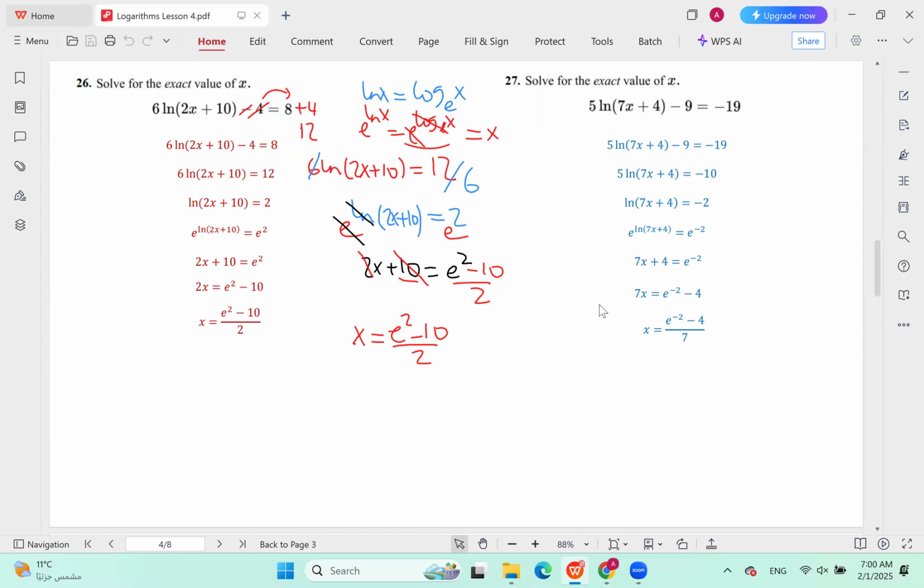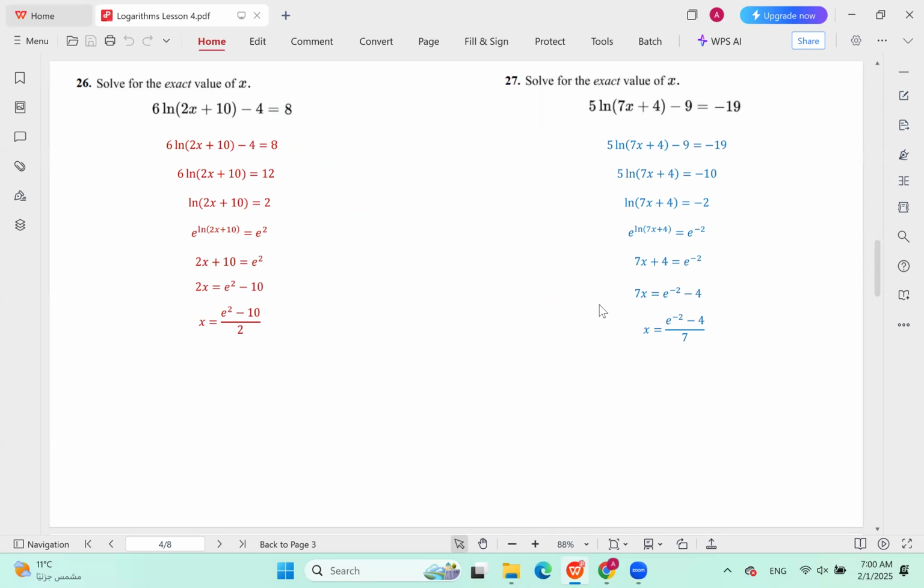Let's try another example, number 27. We have 5 ln(7x + 4) - 9 = -19. Let me just rewrite that so that I have enough space. So we can take the -9 to the other side, becomes plus 9.